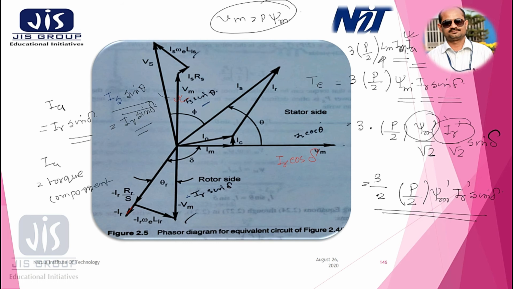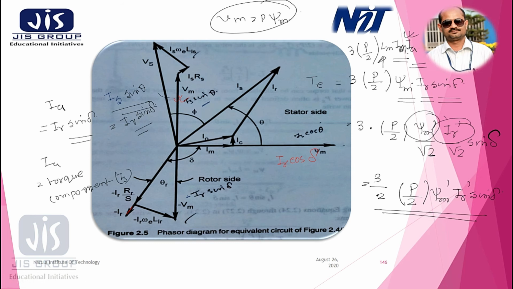If we see this, it is very similar to the torque expression of a DC machine, and you look, this Im and Ia are orthogonal. This is my Im and this is my Ia, that is Ia equals IR sin delta. So the angle between these two is 90 degrees, so they are mutually decoupled or orthogonal.